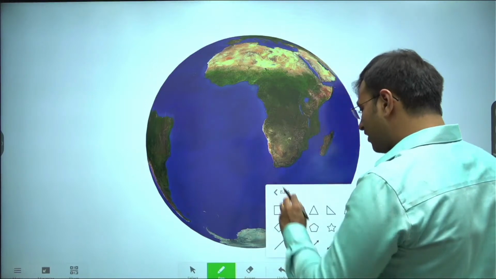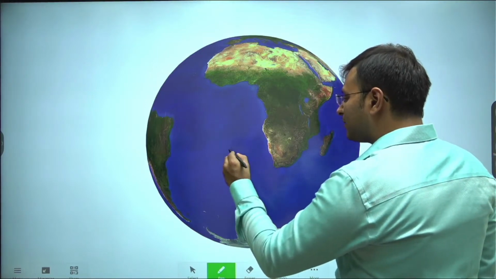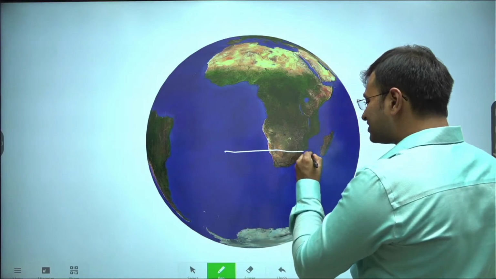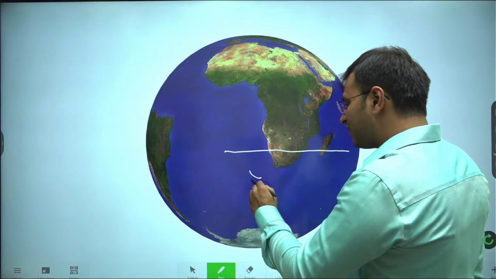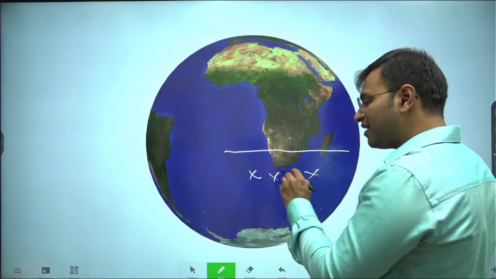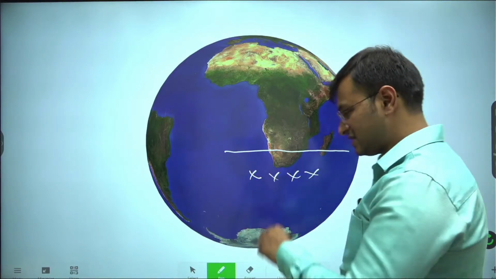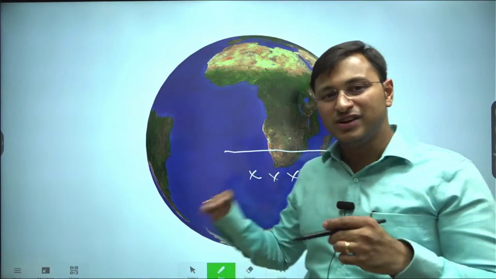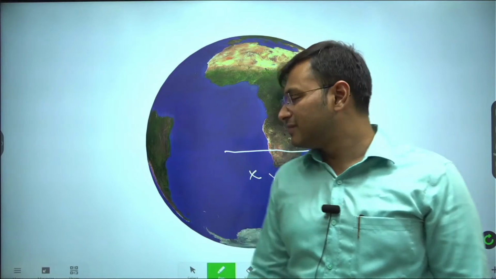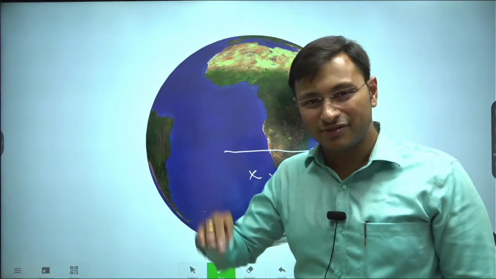Because you have the Tropic of Capricorn passing through Africa like this, and to the south of the Tropic of Capricorn, you have absolutely no land where it can be intercepted by the westerlies. So the African continent is devoid of temperate evergreen rainforests. You won't find temperate evergreen rainforests in Africa.